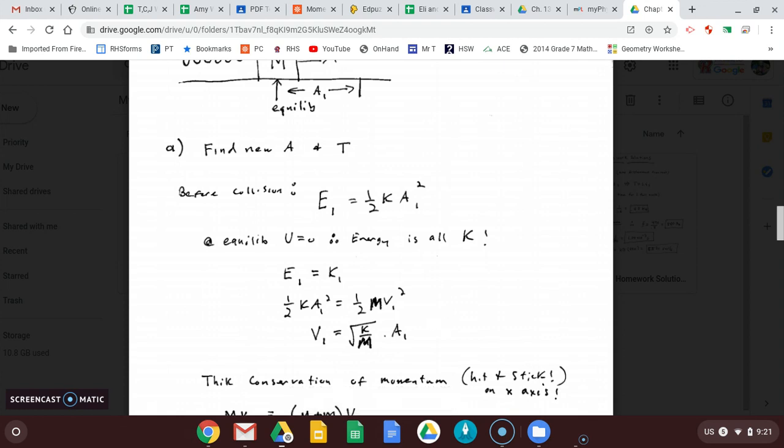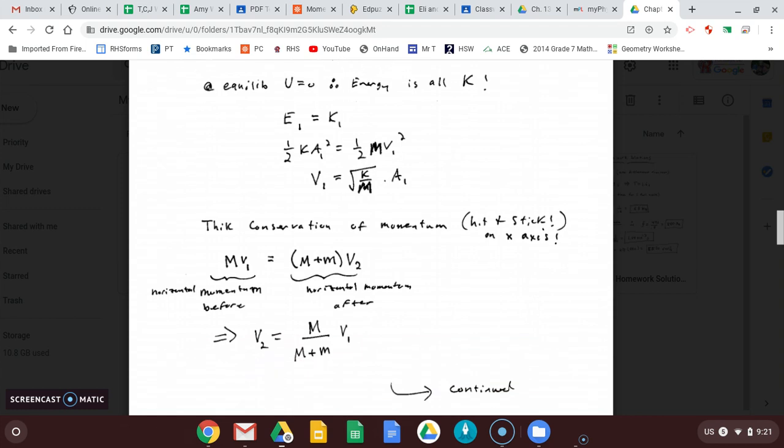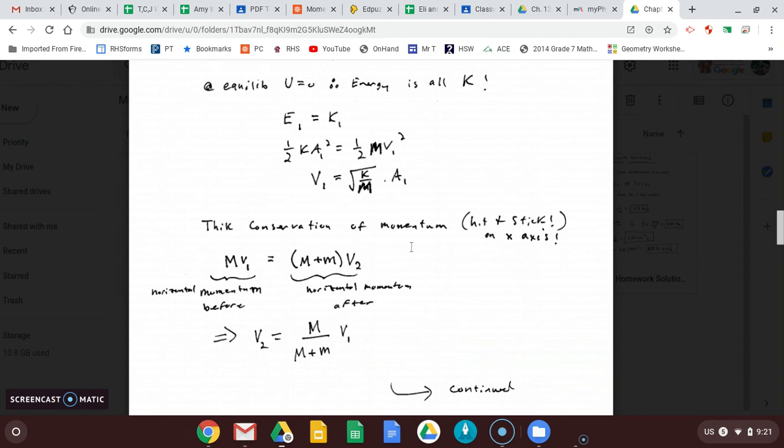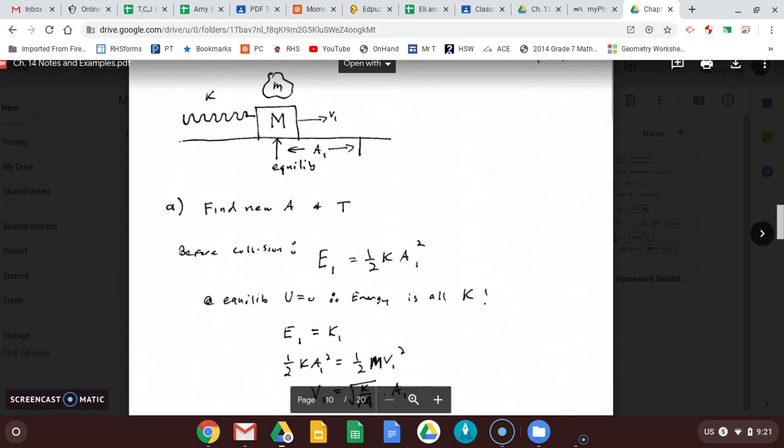Now, let's bring in conservation of momentum. Before the collision, we have horizontal momentum on the x-axis only due to the block in SHM. Yes, the putty has momentum, but it's only on the y-axis. Remember, momentum's a vector, so we only care about the horizontal momentum here. So the putty has no horizontal momentum if dropped vertically on it.